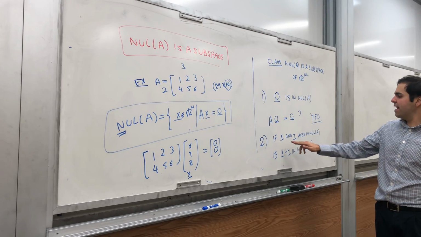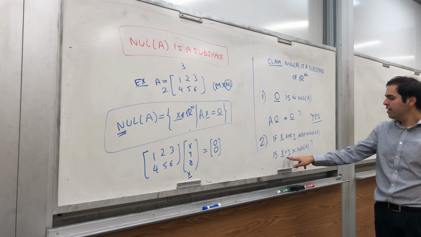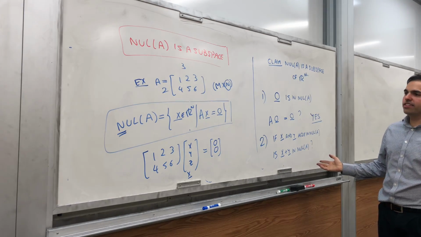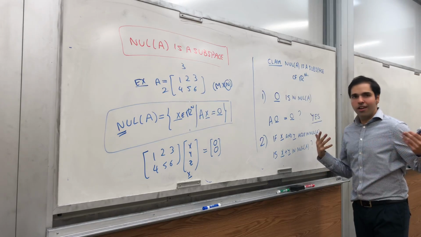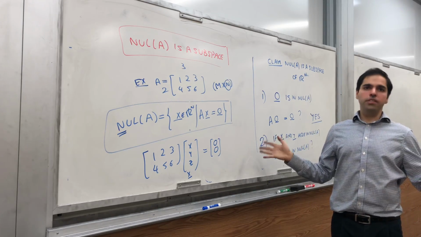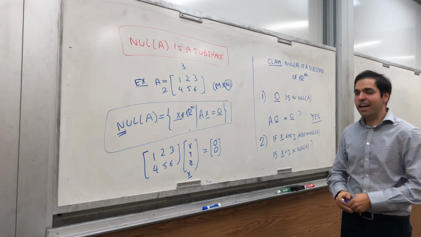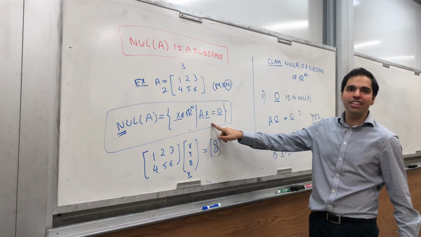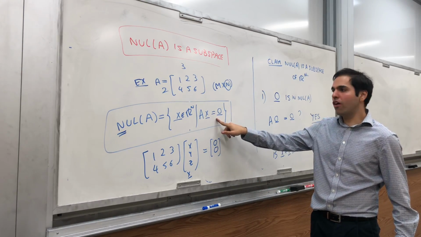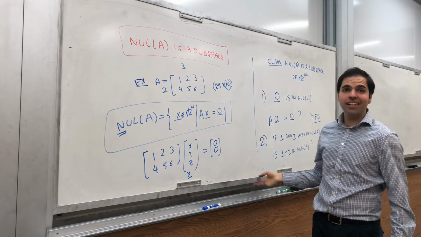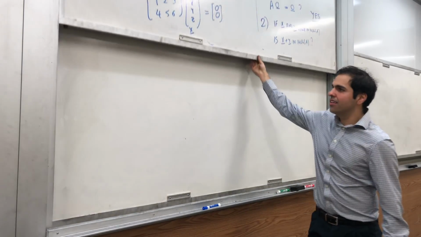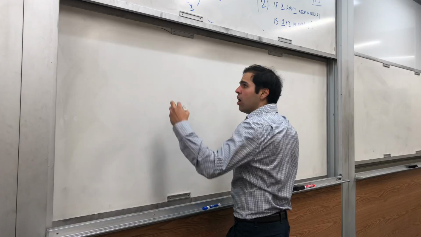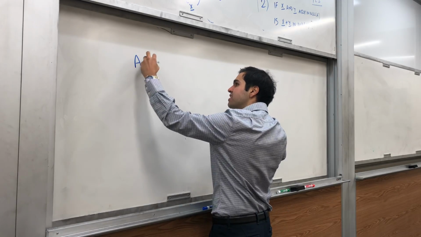In other words, if x and y are in null of A, is x plus y still in null of A? And at this point you might be stuck. It might seem very abstract. For those abstract questions, make sure to use the definition. So the definition of null space is simply Ax equals 0.